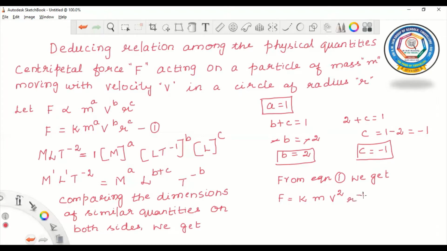So this can be written as k m v square divided by r. Already we know that k is 1. So you can write it as F is equal to m v square divided by r. This is the required expression for the centripetal force.